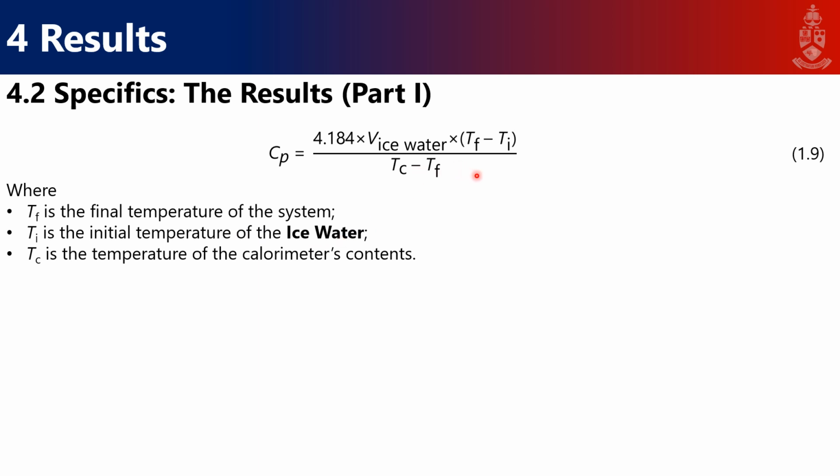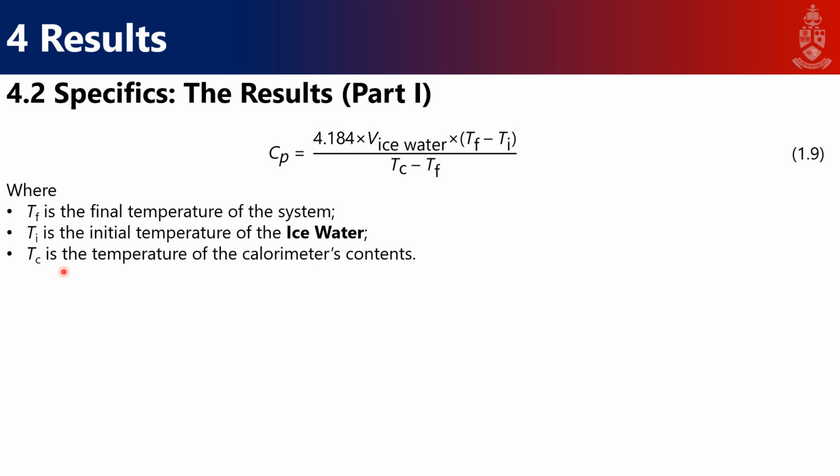That is the temperature you measured by sticking the thermometer in the 100 milliliter measuring cylinder. And Tc is the temperature of the calorimeter's content, so in principle, the initial temperature of the calorimeter.